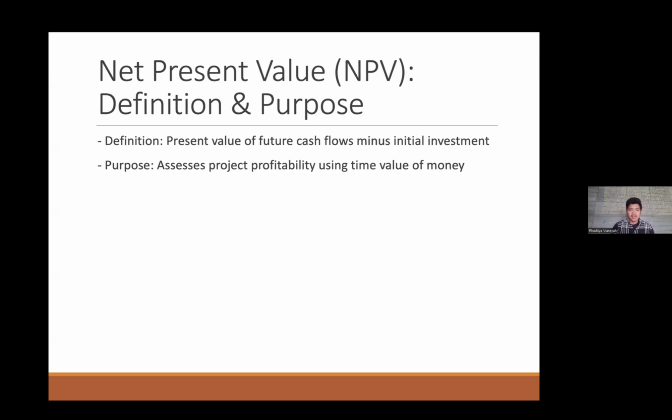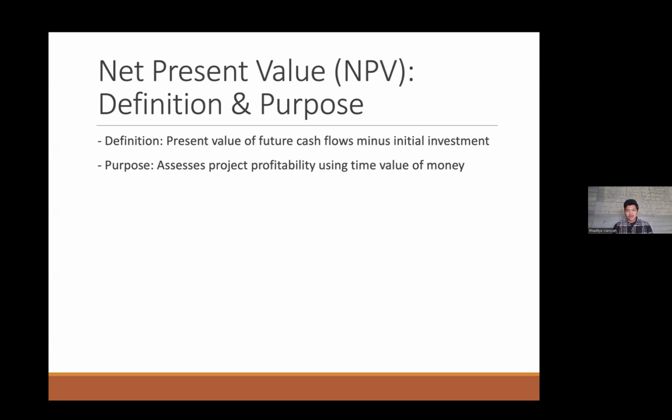So NPV is a way to measure the profitability of a project by considering the time value of money, because the money today is worth more than the money tomorrow. So that's why we discount the future cash flows to their present value.